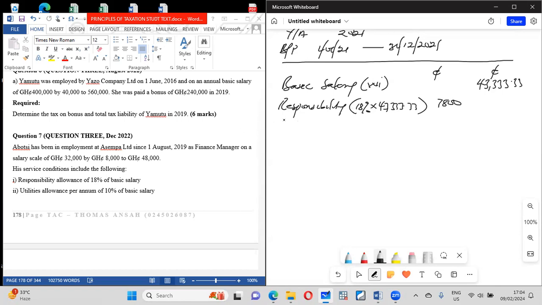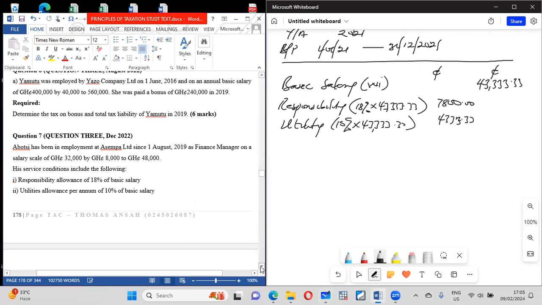Then utility. So like I said, if you get this thing wrong, that one too is 10% of 43,333.33. So 10% will be what? 4,333. Okay, so you can add the 0.33, or you can round it. Whatever you do, let the examiner know.